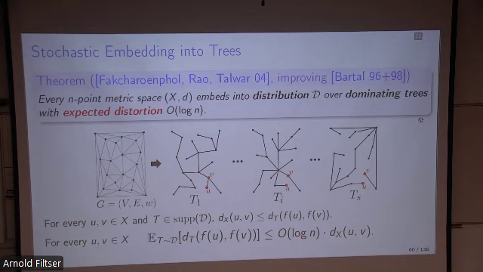So here, for example, the distance is exactly right. Here it is slightly larger. Here it is much larger. And if you take the random tree, the expected distance will be at most log n times the original distance. So in the cycle, we saw the expected distance was at most twice the original one, and here it is at most log n times.